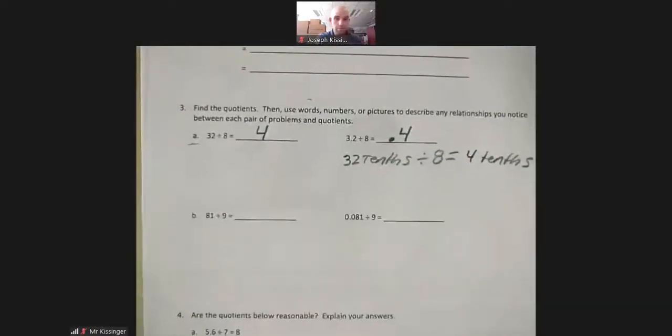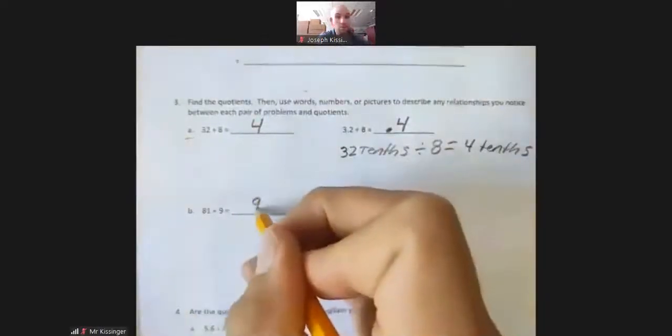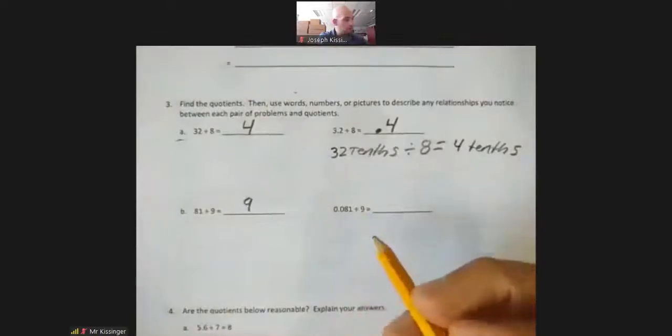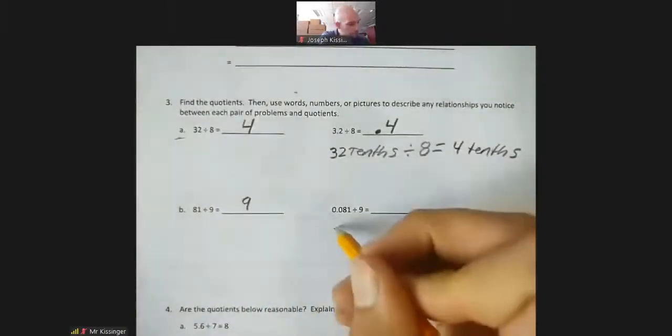Letter B, 81 divided by 9 is 9. 9 times 9 is 81, so 81 divided by 9 equals 9. And then 81 thousandths divided by 9.